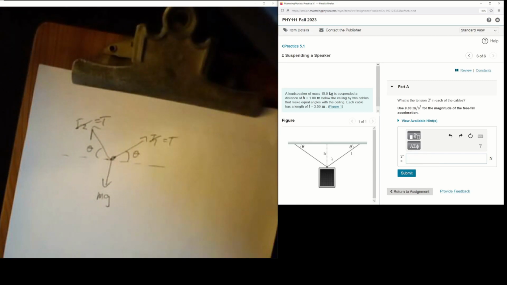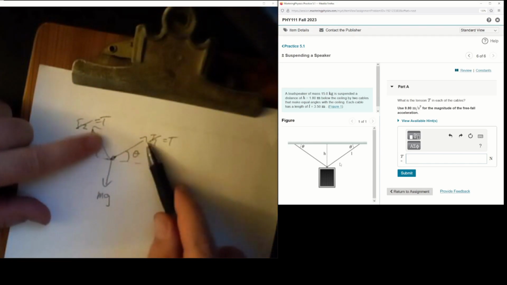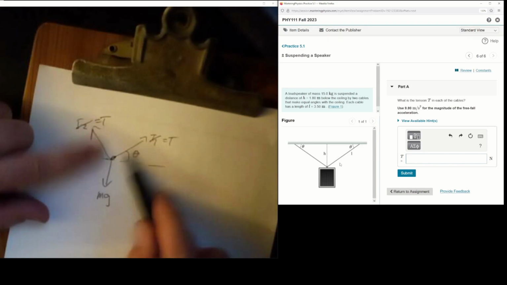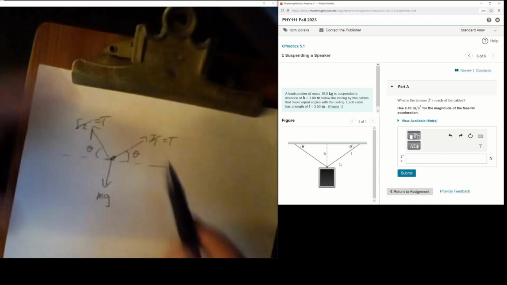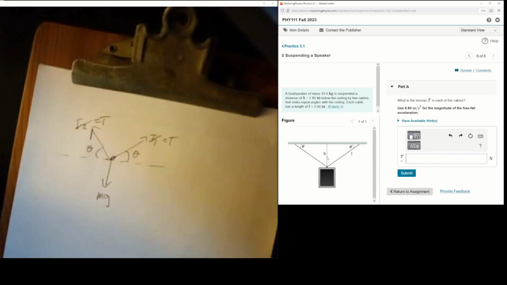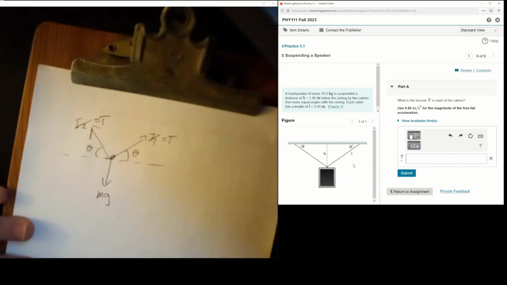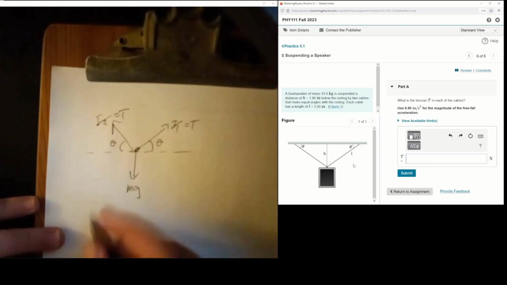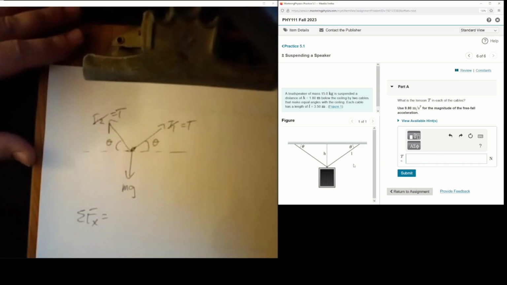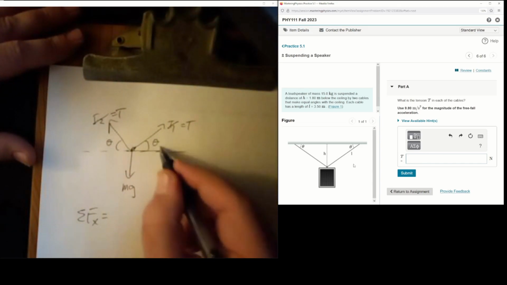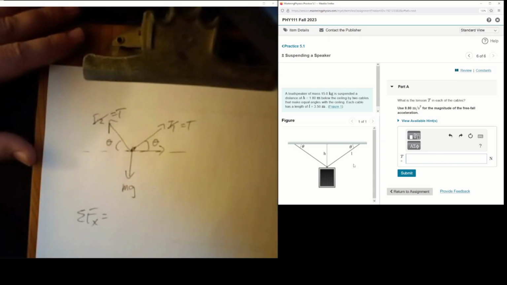So that means their hypotenuse, all their legs, everything are going to be the same. So these hypotenuses here have to be the same, which means it's the same tension. And looking at our sum of forces in the x direction, we got tension pulling off into the positive x direction.